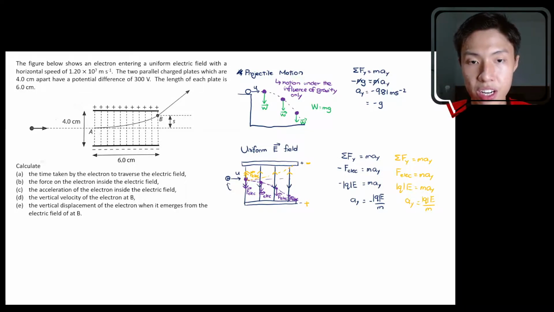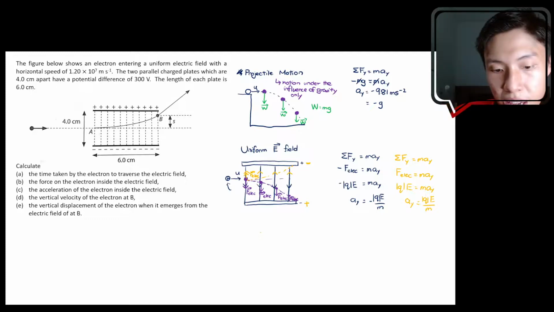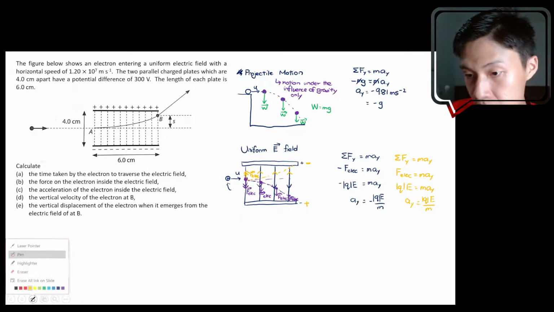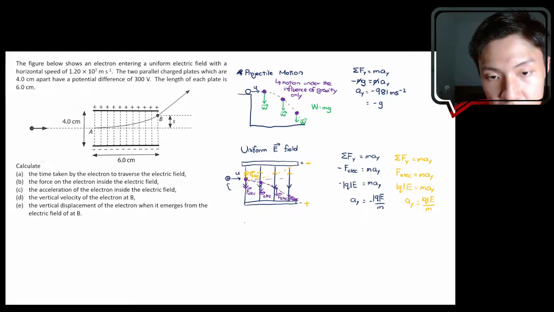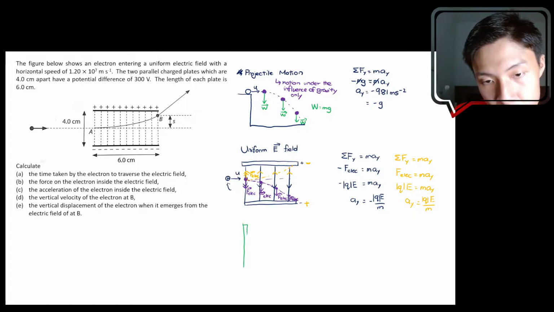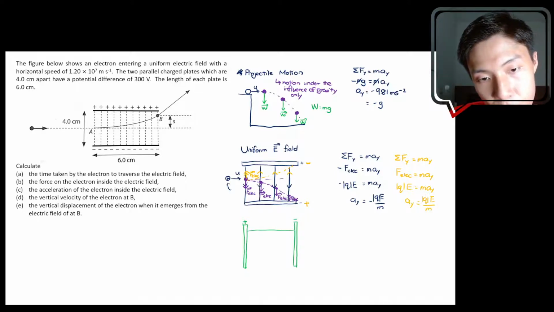Or sometimes they might even have plates which are arranged in this arrangement instead. You still can have plates that work like this also. So if this is a positive plate and this is a negative plate, then your electric field will be pointing in this direction instead, to the right.